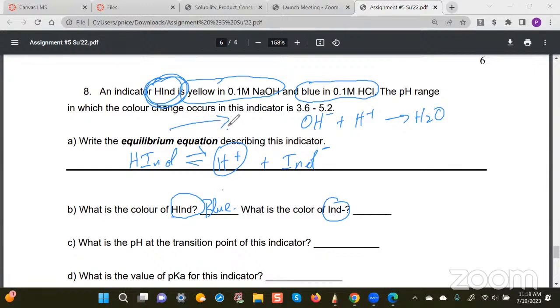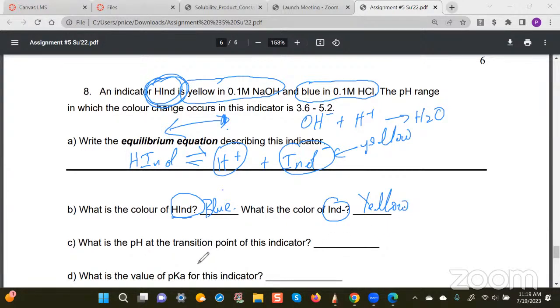So therefore, in shifting to the right, if the solution is yellow, as the question says, that means that this would have a yellow color. Which means that if you put this in acid, it will shift in the other direction in order to reduce the concentration of the acid. And therefore, the solution becomes blue. So that's why we can say that the color of the HIND is blue, and correspondingly, we can say the color of the IND minus is yellow.